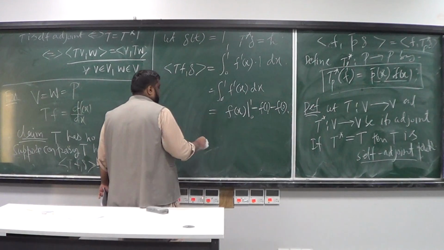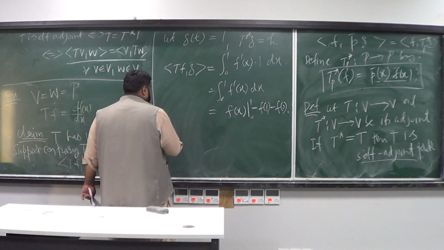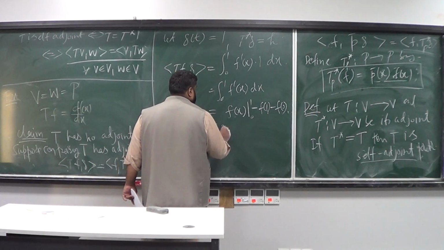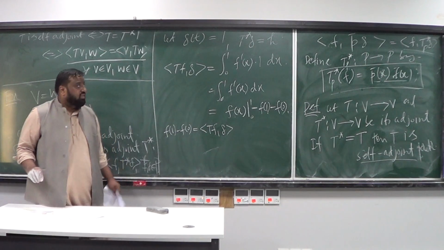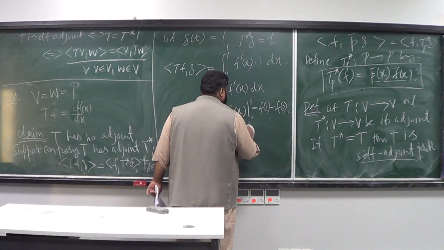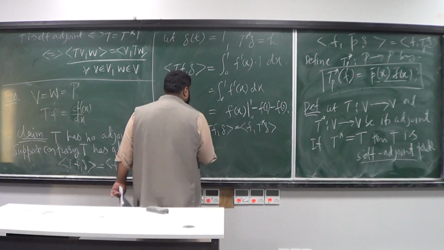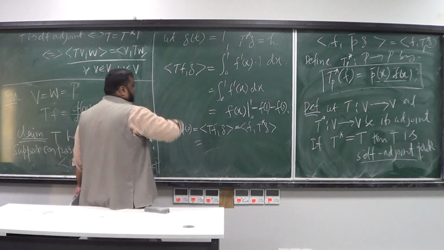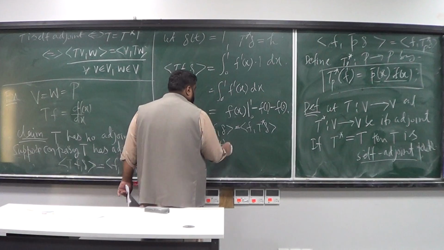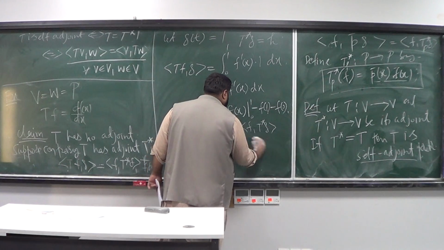So what we calculated is f of 1 minus f of 0 equal to the inner product of Tf with g. Since T star is the adjoint, this would be the same as the inner product of f with T star g. I have given T star g the name h, so it's the inner product of f of t and h of t.